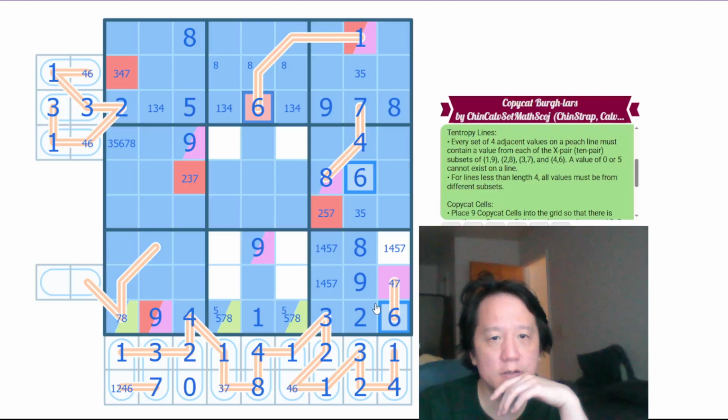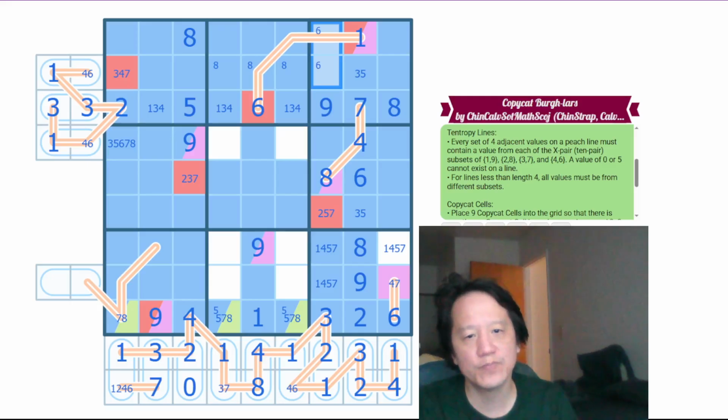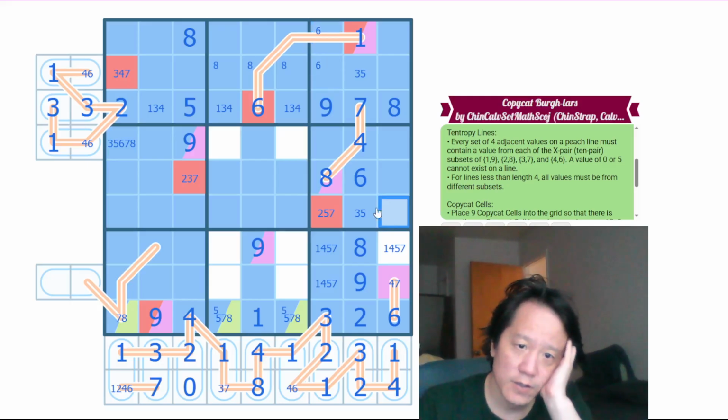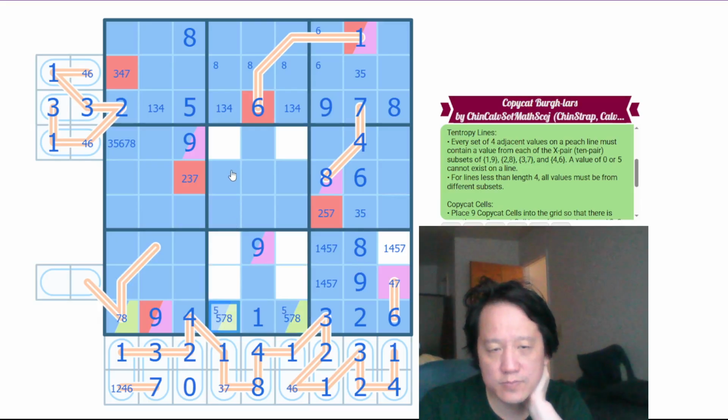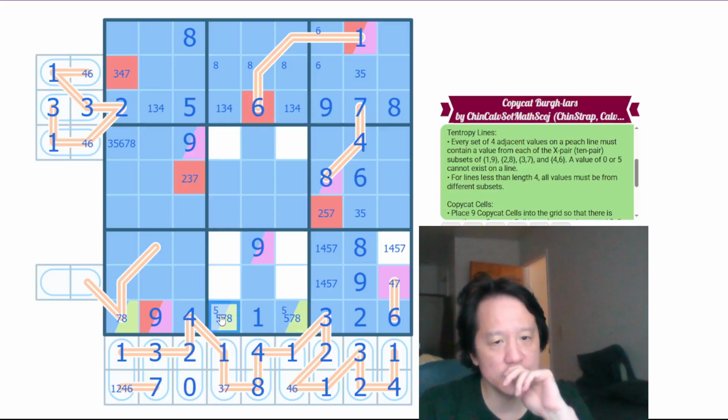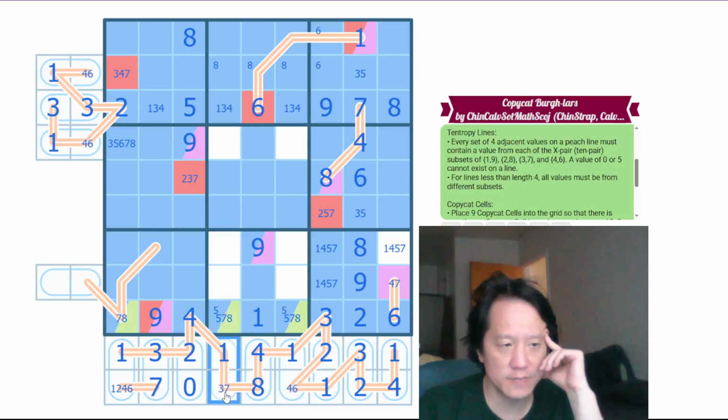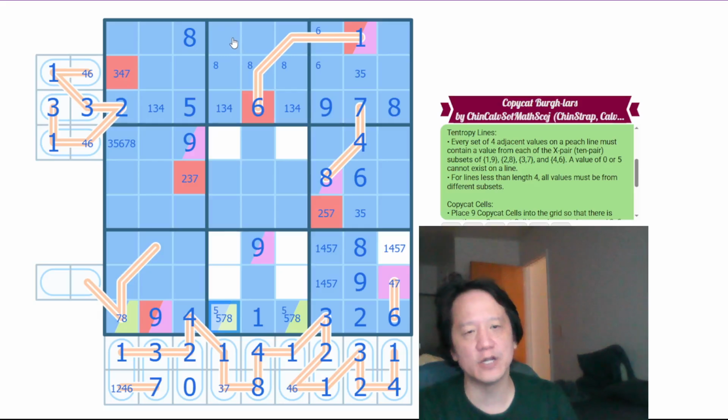Okay. 6 has to be one of these two digits here. In column 7, so if this is 17, this has to be 8 here and 9 here.